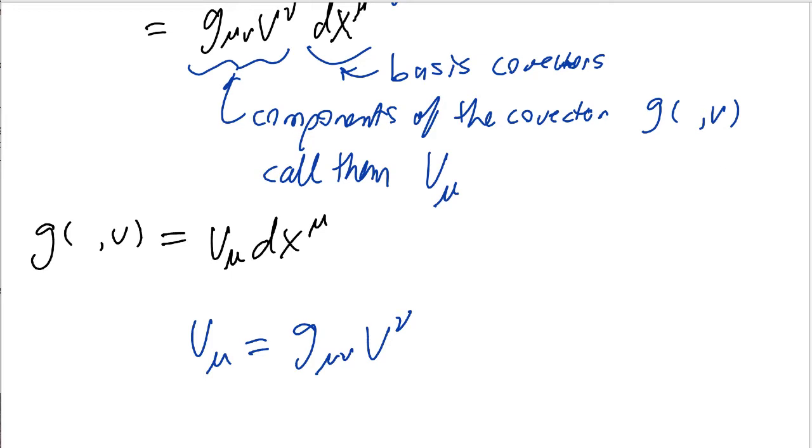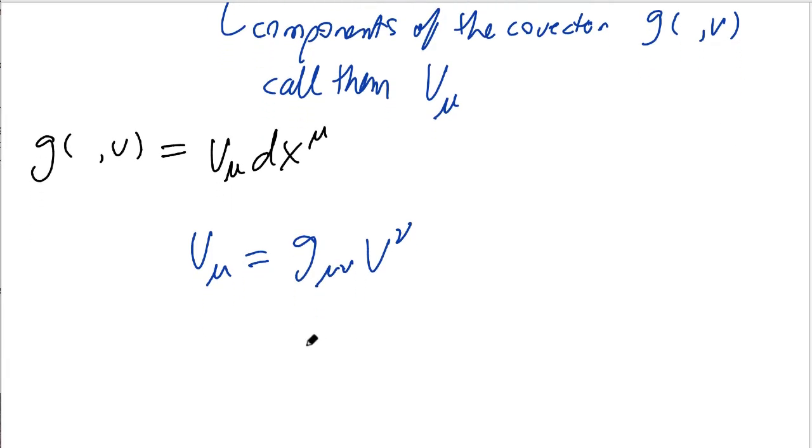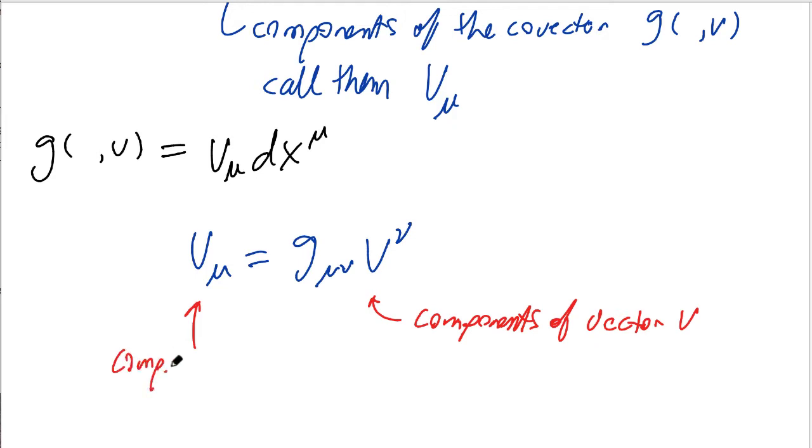So what we have is, on the right hand side, the V superscript mu. These are the components of a vector V, and on the left hand side we have the components of a covector, and if you like we can call that covector G(blank, V).